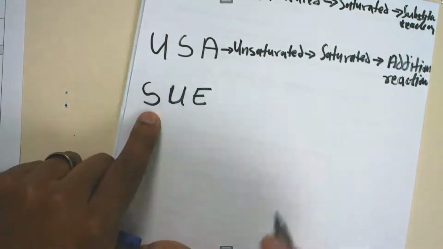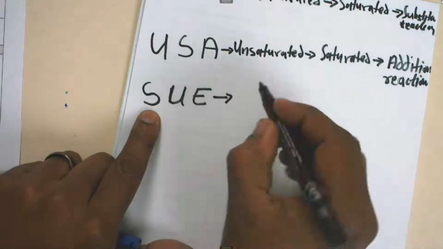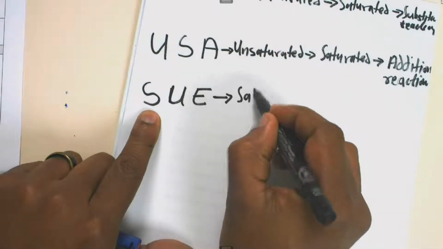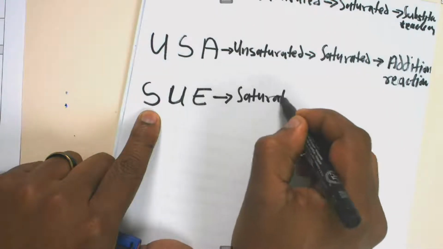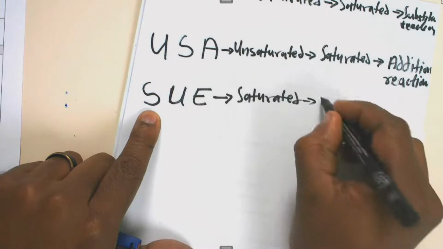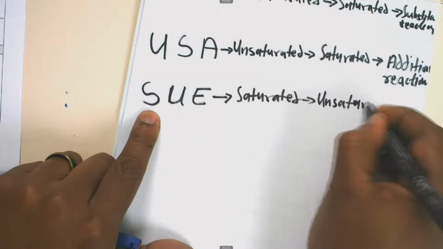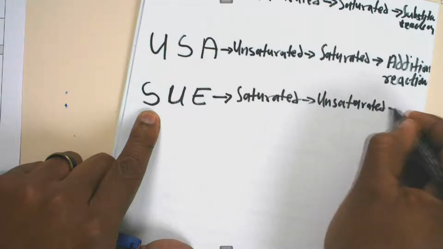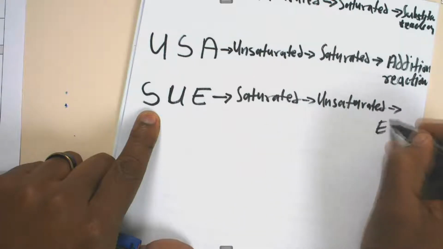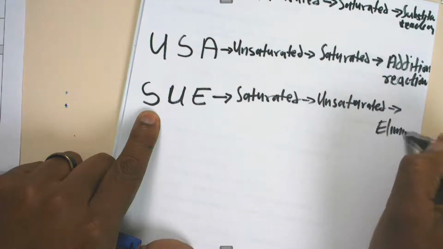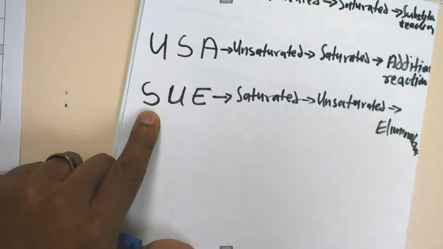If I am looking at saturated to unsaturated, it means I am looking at an elimination reaction.